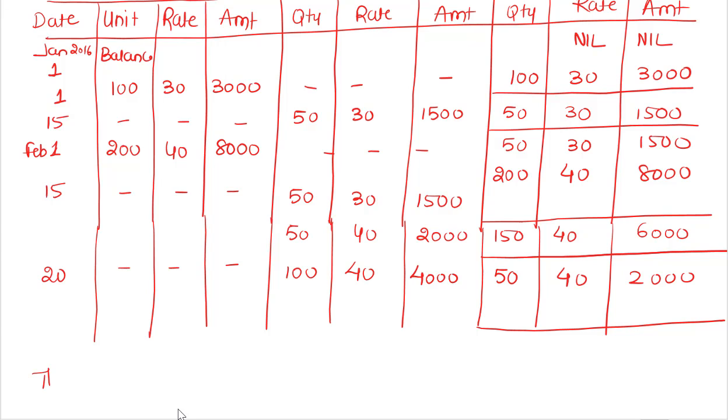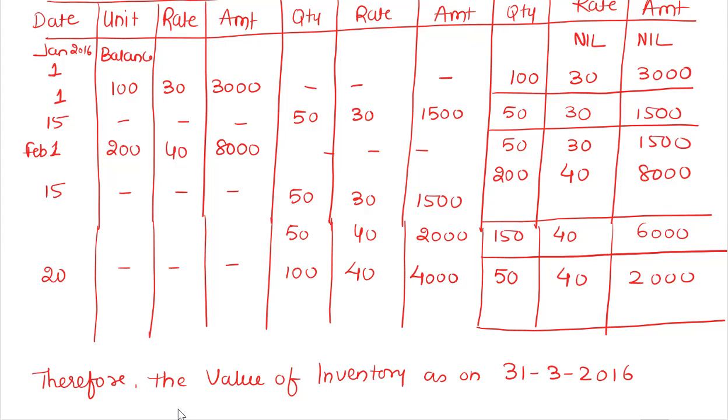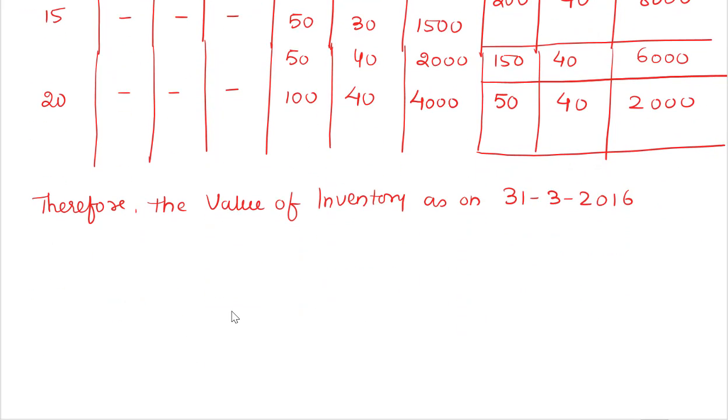We can write over here, therefore the value of inventory as on 31st March 2016 equals 50 units at the rate of rupee 40. 50 multiplied by 40 is rupee 2000.